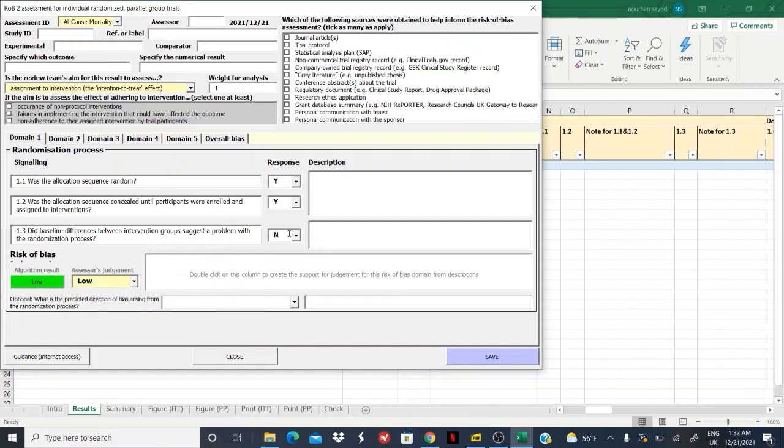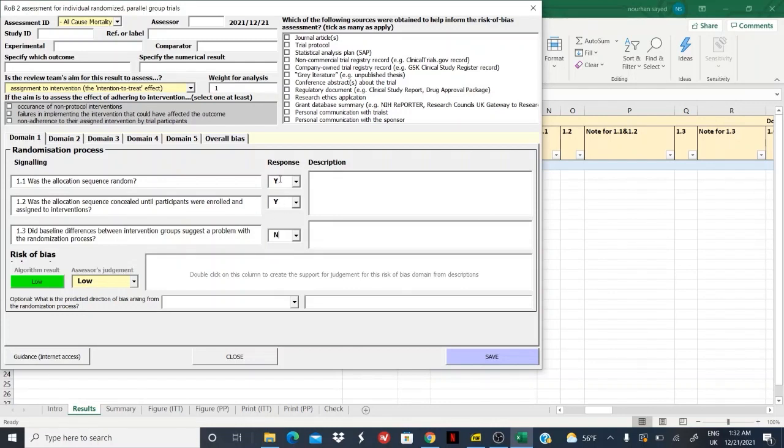Now, although the algorithmic result might seem a bit more objective, it's generally a good idea to weigh up your own judgment of the result, and weigh it up more heavily than the algorithm's result. The reason being is that the algorithm does not know how to weigh up different aspects against each other.